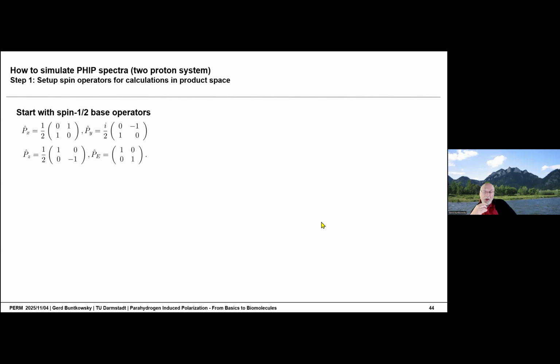Now, the first thing is we have to decide what kind of basis we are using for doing these calculations. And the easiest basis is just using the Zeeman interactions, the nuclear Zeeman functions. And here we have the typical 4 spin operators, Px, Py, Pz, and Pe, which is the unity operator of the spin 1/2.